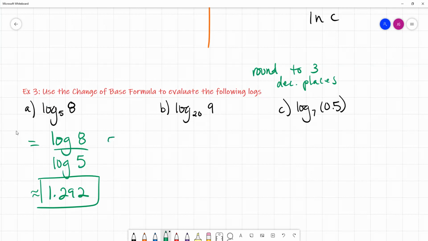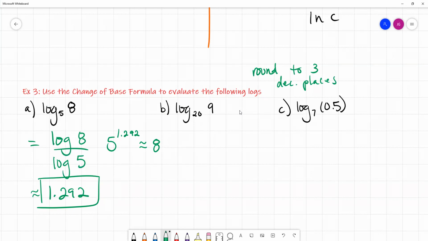That means that 5 to the 1.292 power is approximately 8. I put approximately here because I rounded this, so it's not exactly true. I can't put equals here. But when I raise 5 to 1.292, I'm going to get somewhere near 8. We found the answer to this question, because we were wondering 5 to what power gives me 8? That's kind of a weird number. It's not a nice number like 1, 2, or a half, or -5.